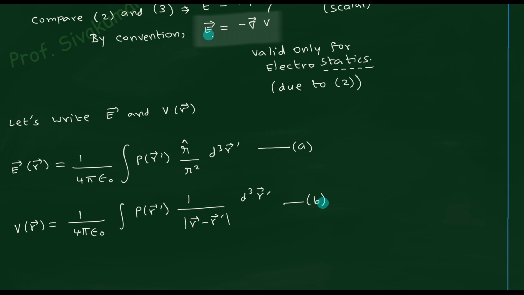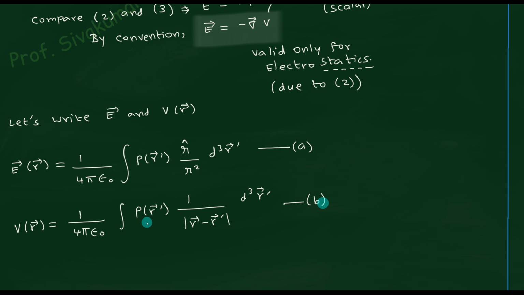How did you derive this? This is derived based on the condition that the curl of the electric field is 0, right? Because of that reason, remember that equation B is valid only for electrostatics. So remember once again, the electrostatic condition is required for B, but A is valid for all situations. We did not demand anything. If rho of r prime is fluctuating, it will also fluctuate here.